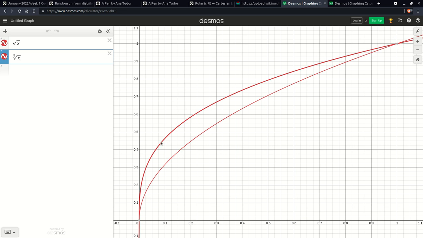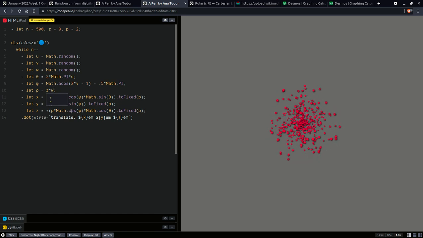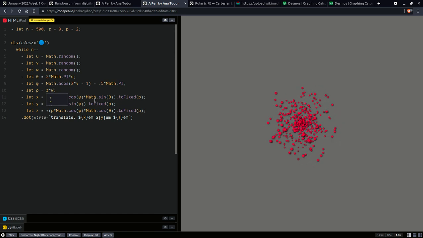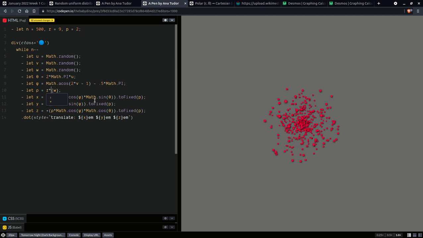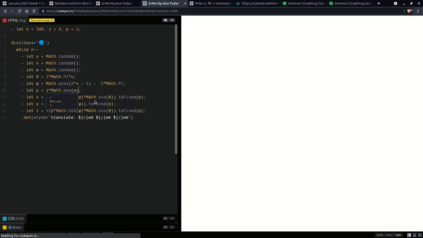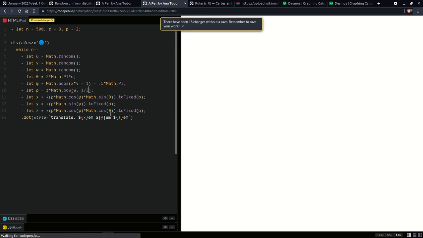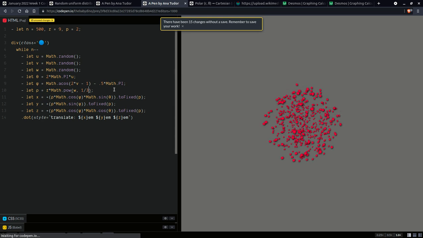And the distance becomes more pronounced for the cubic root. So here we are going to use the cubic root of that. So like that, and we are going to have a much nicer distribution.